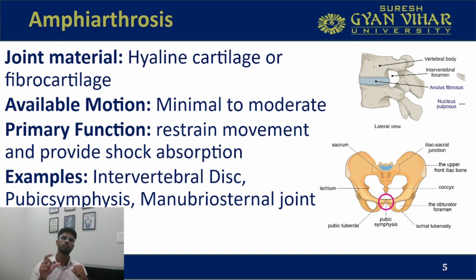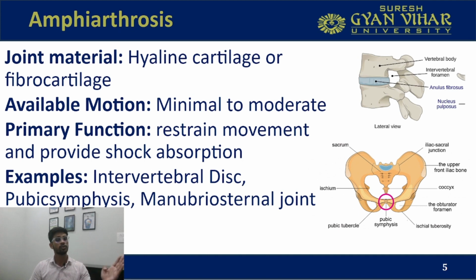We know that fibrocartilage and hyaline cartilage are known for their compressive ability, for their ability to provide shock absorption. Available motion here is not much, but it is minimal to moderate, and the primary function of this joint is to restrain the movement, and as I told you earlier, to provide shock absorption.